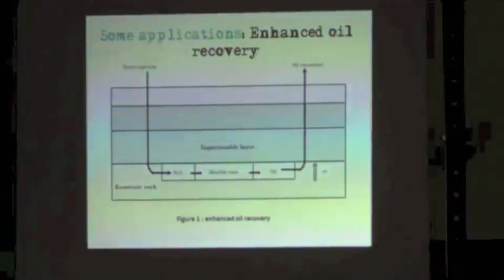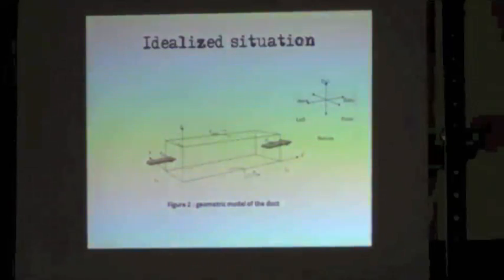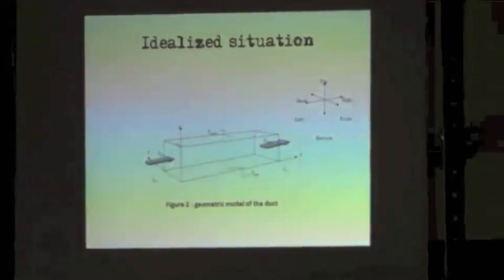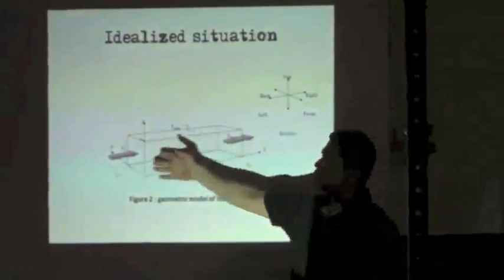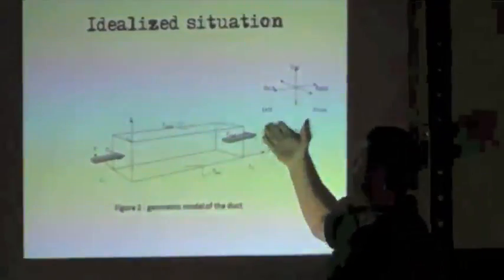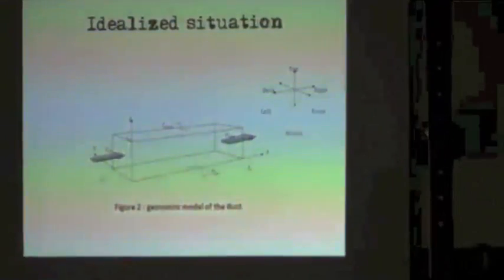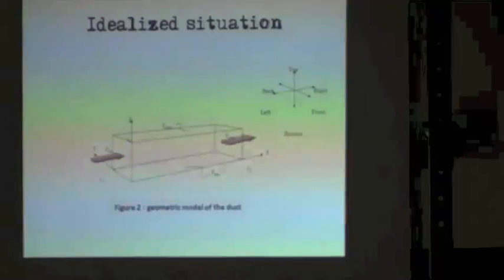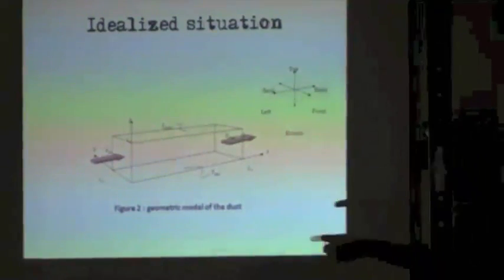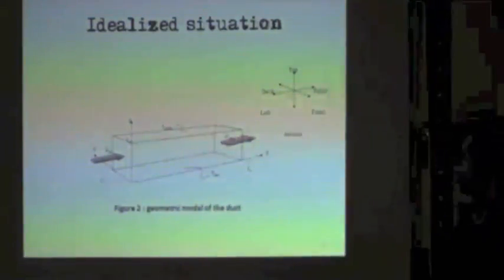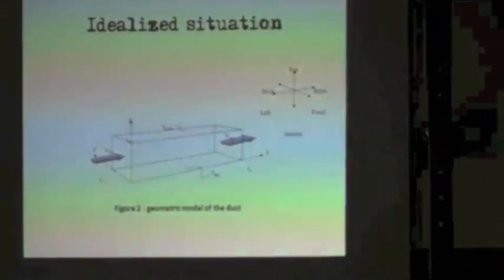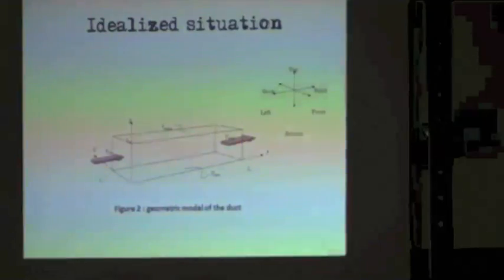The idealized situation is a parallelepipedic model with a through flow, a velocity at the entry, velocity at the exit of the duct, and an adverse gradient of temperature. Here we have the hot temperature, the cold temperature. We assume that there is equilibrium of temperature on the vertical walls so that the flux is null.